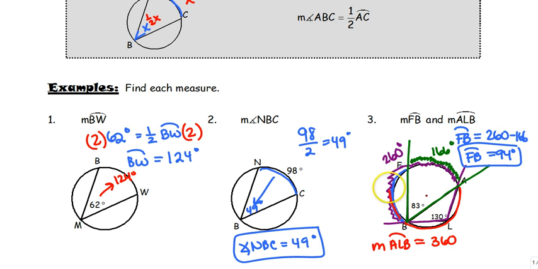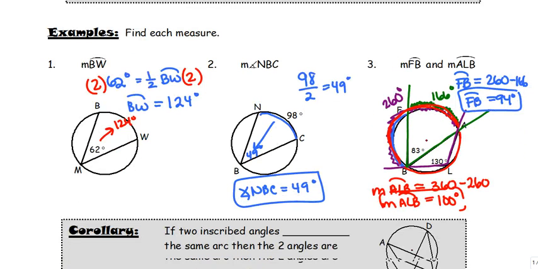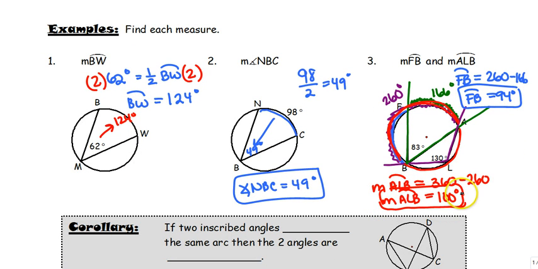So if I subtract out this 260 that we found for BFA, I find that I'm left with the measure of my arc ALB to be 100 degrees. So sometimes it might not directly be given to you, but you're given enough information that you can take multiple steps to get there.